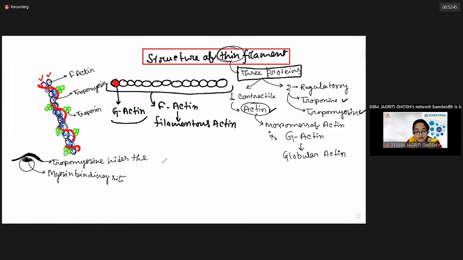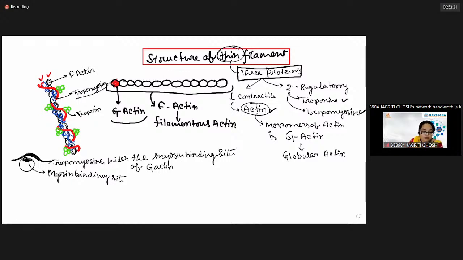Right, so we understood the function of tropomyosin.